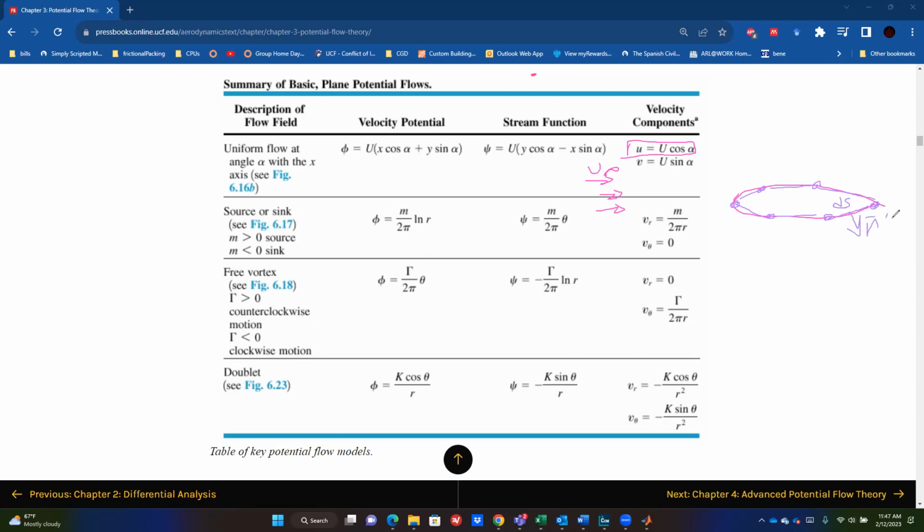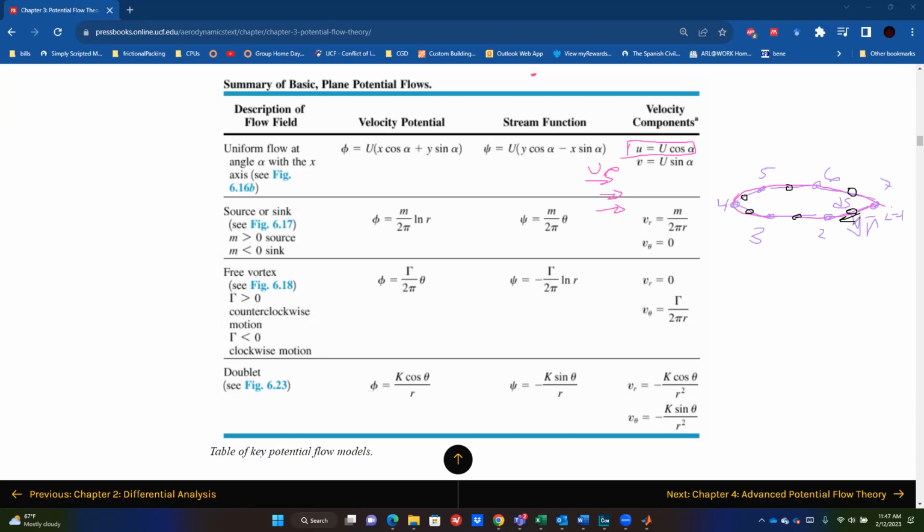Just a comment, you typically have panels numbered 1, 2, 3, 4, 5, 6, and you have to come back here for 7. Then we also have to define a control point. Control points are at the center. That's where we define the normal vector and the flow tangency conditions.